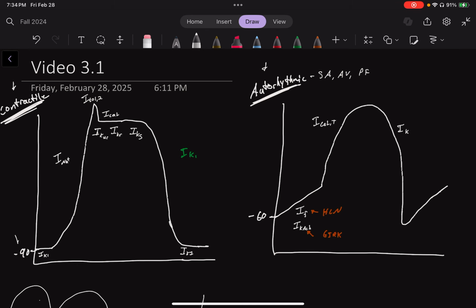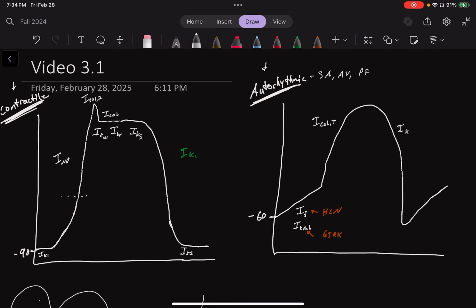So the resting membrane potential for contractile cells is a lot lower than for neurons, and a lot closer to the Nernst potential for potassium. That's because of the high permeability, which is because of the IK1 channels. What's interesting is that as an action potential or graded potential begins and the cell begins to depolarize, the IK1 channels will close at a certain threshold.